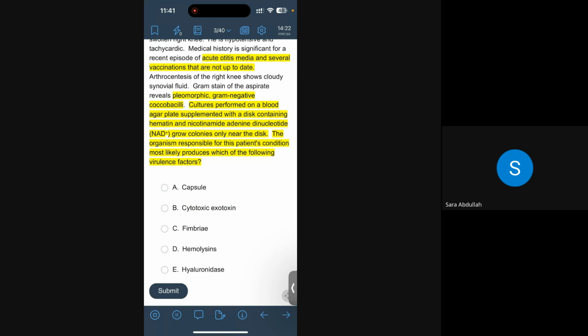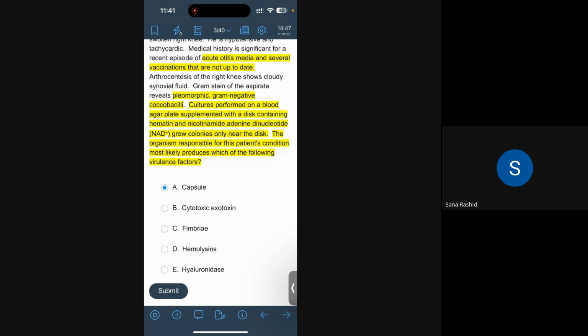So what would be the answer here? A, capsule. Yes. Cytotoxin, exotoxin. What bacteria produce exotoxins? Gram positive.